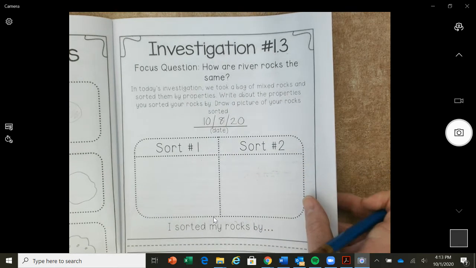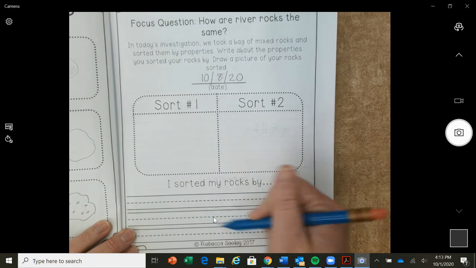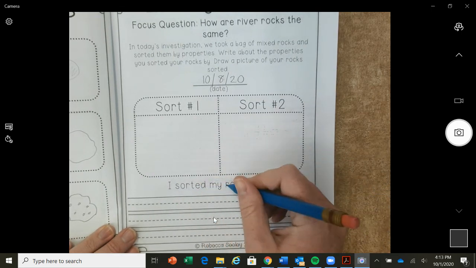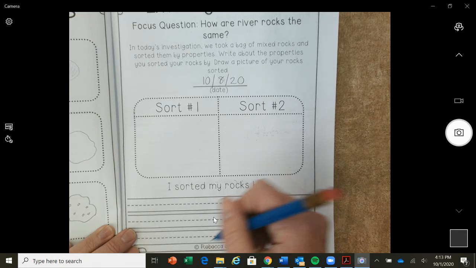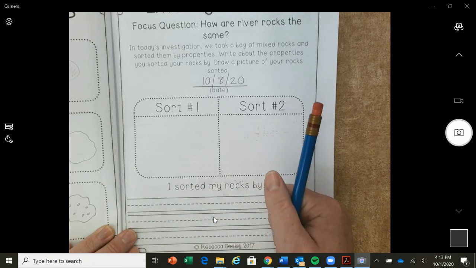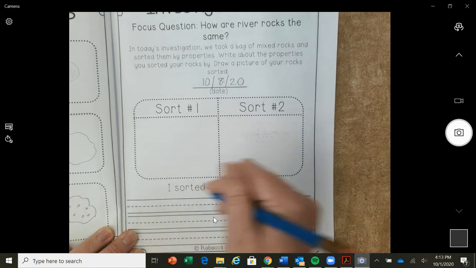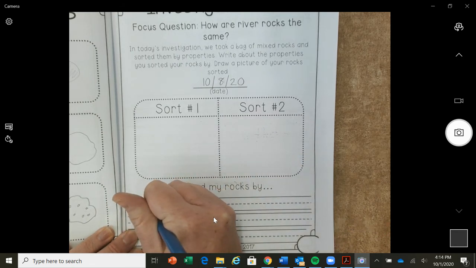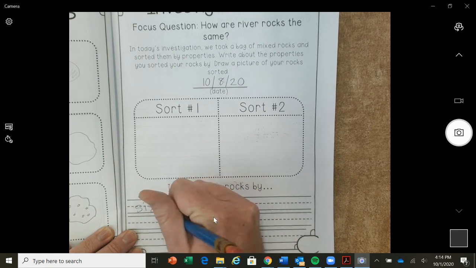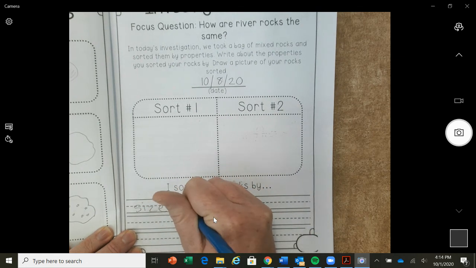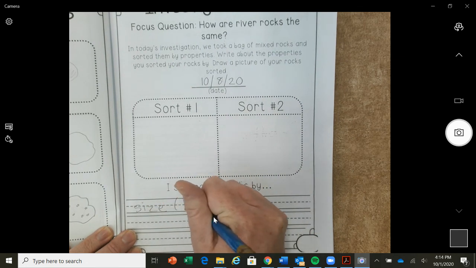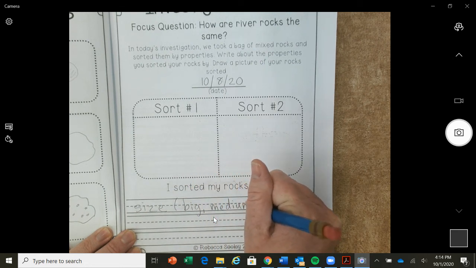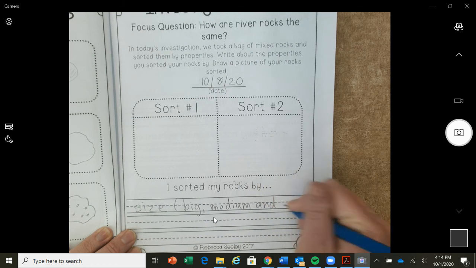And then on the bottom, I want you to tell me how you sorted your rocks. On mine, I'm going to say, I sorted my rocks by size: big, medium, and small.